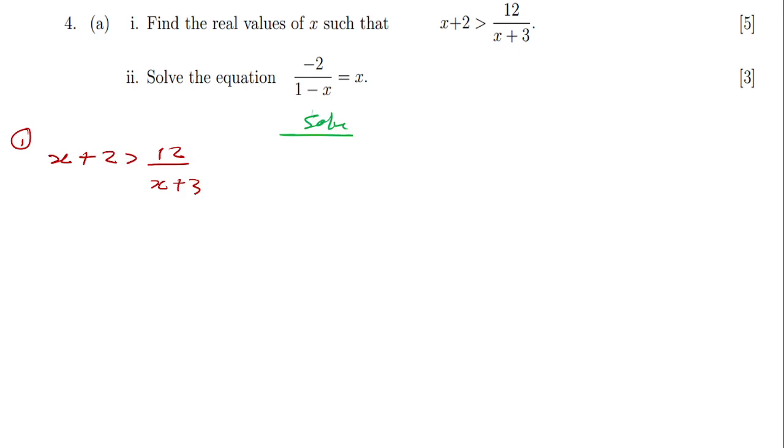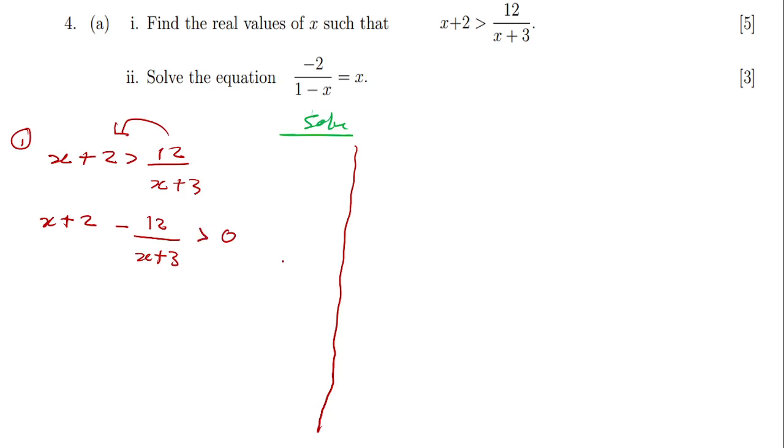Rule number 1 for inequalities: do not cross multiply. So since we are not supposed to cross multiply, this guy will go to the other side. So we are going to have x plus 2 minus 12 over x plus 3 is greater than 0.